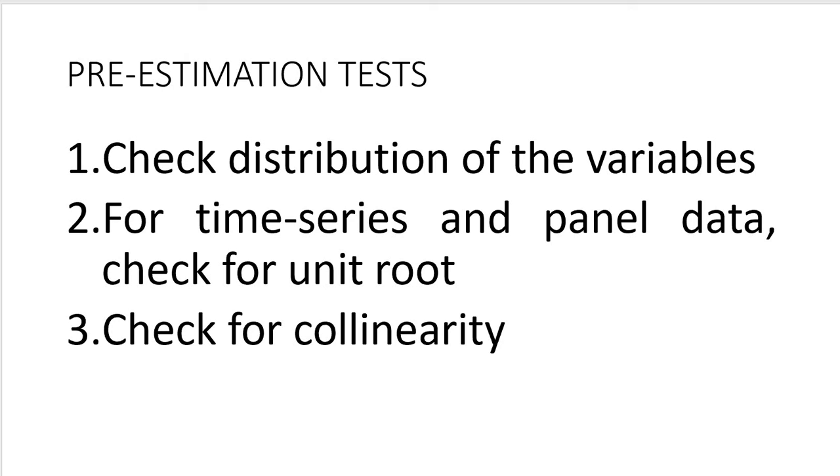For time series and panel data, you should check for the unit root, because it's a very likely reason for autocorrelation. Also, you have to check for collinearity, especially when you include many independent variables, because the presence of collinearity is going to bias the output of your regression model.